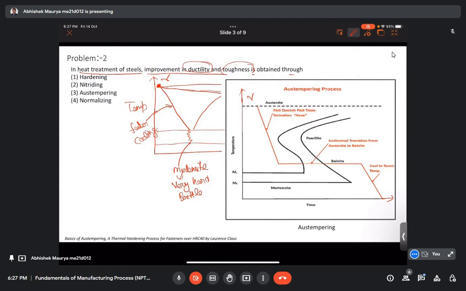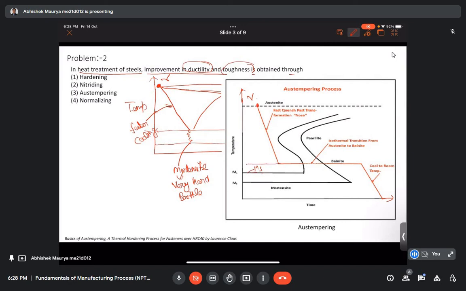Here we have the austenitized phase, and we start our cooling at a very fast rate, but we will not bring the material to room temperature. We will stop just above the martensite formation temperature. So here we have Ms, and if we control the temperature in such a way that our cooling stops just above the martensite formation temperature, like here.